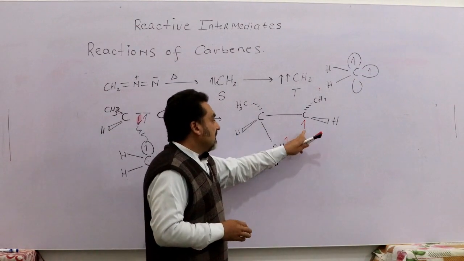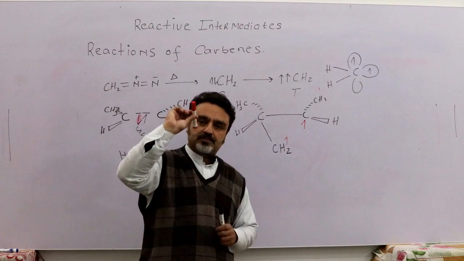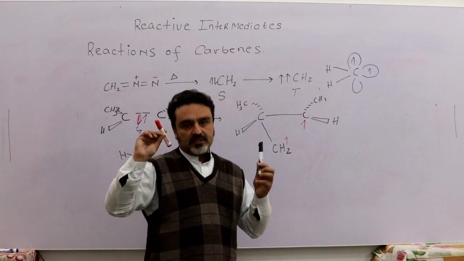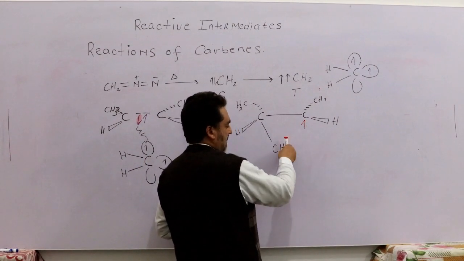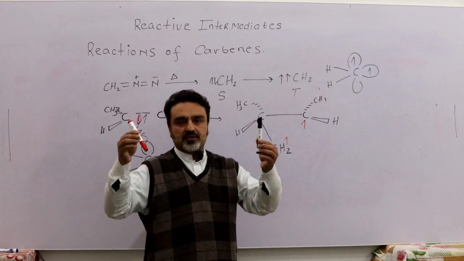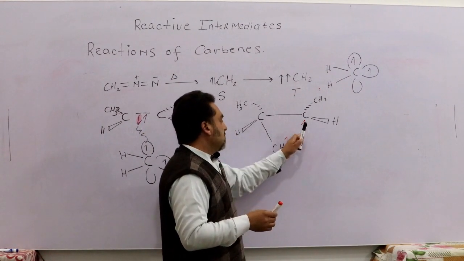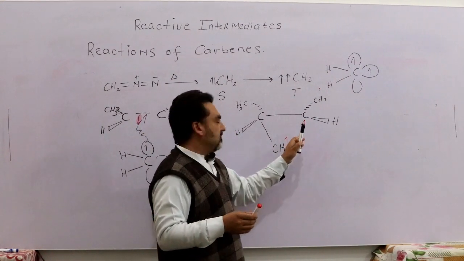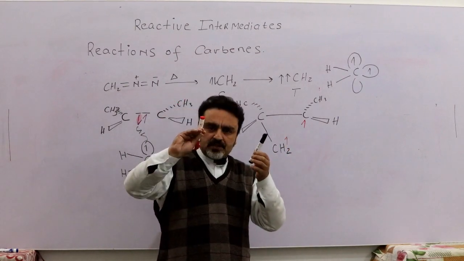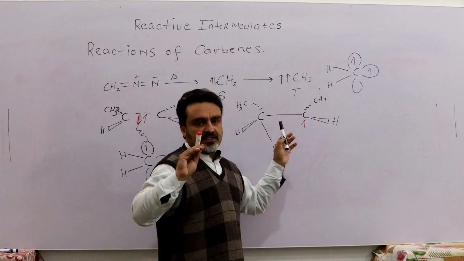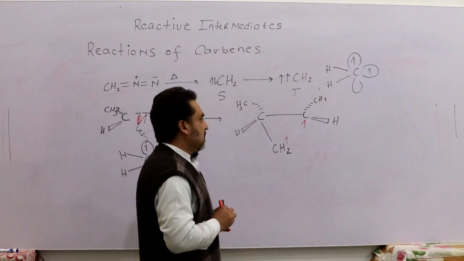So either this electron or this electron has to change its spin in order to form a bond. Either this should become like this, or this should become like this, in order to be spin paired. As either electron flips down, immediately a bond is produced.